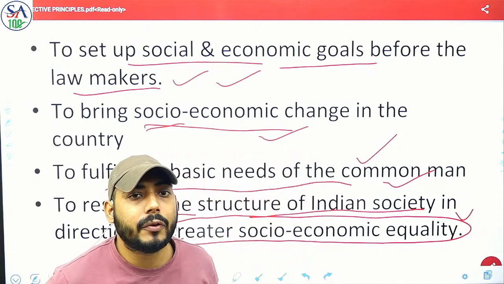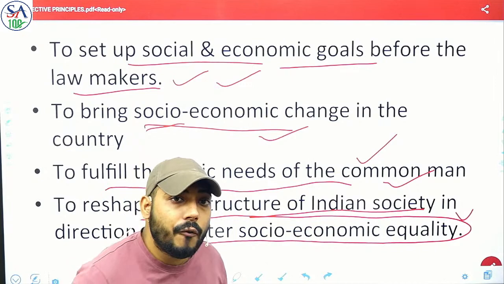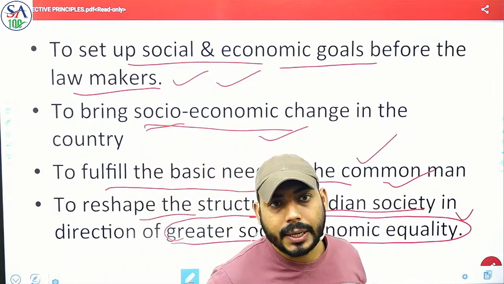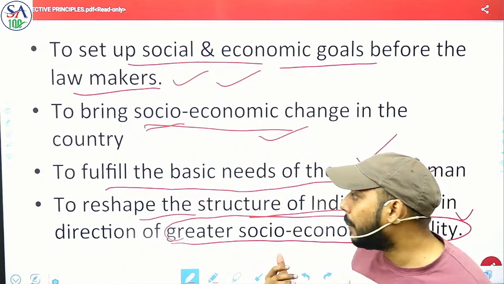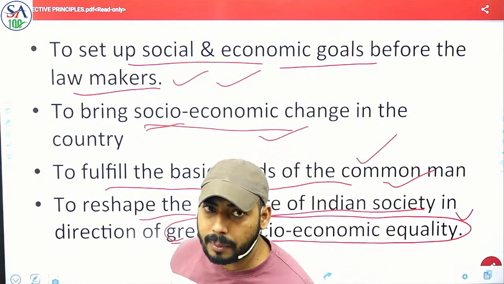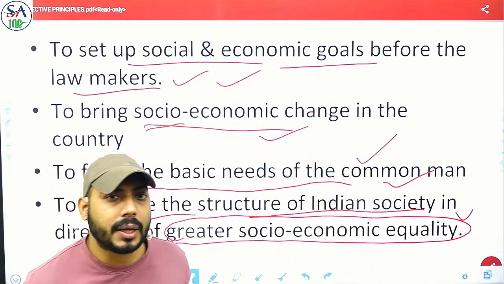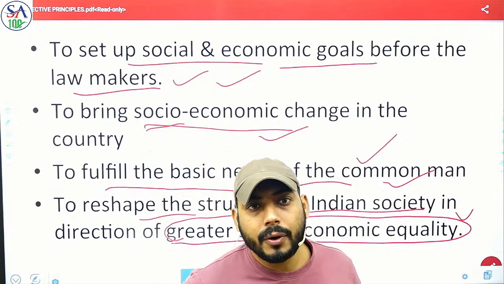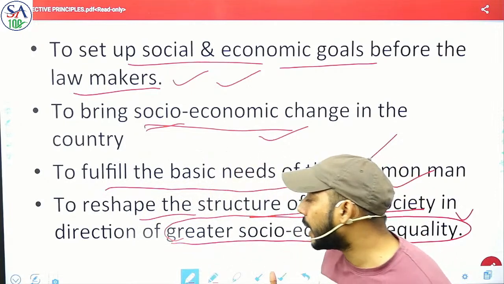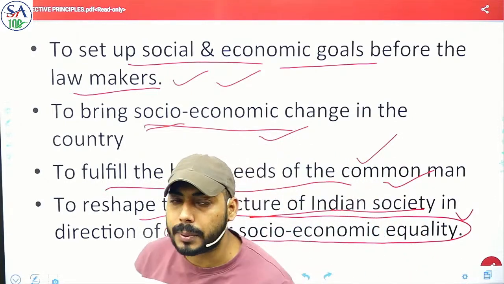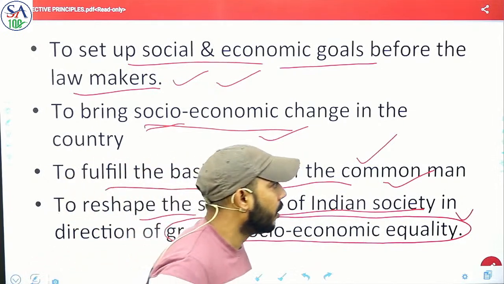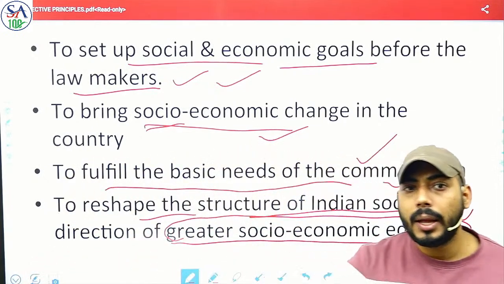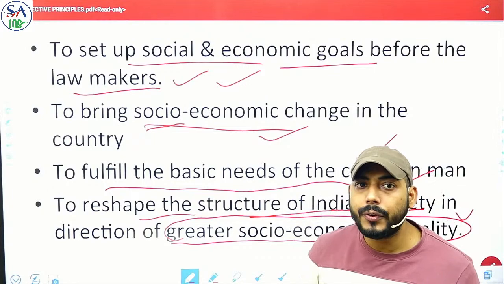After so many years of independence, still we have not achieved that target. And still we are pursuing different measures; our Parliament, executive, all are involved in achieving this target as early as possible. So it was all about the aims and objectives of DPSP.